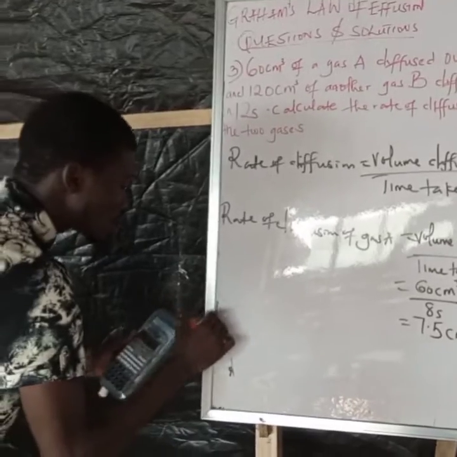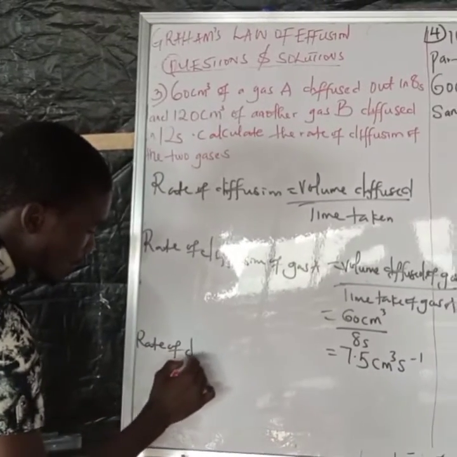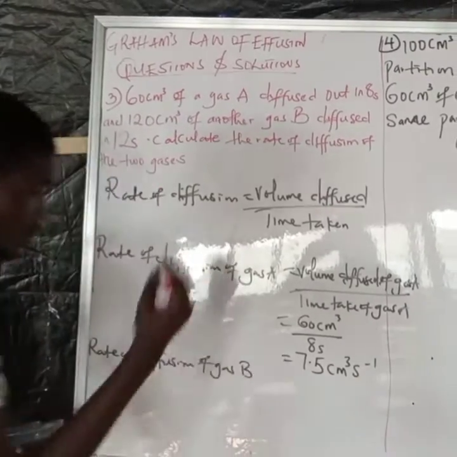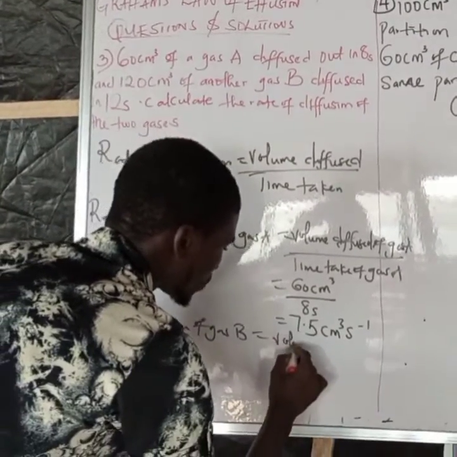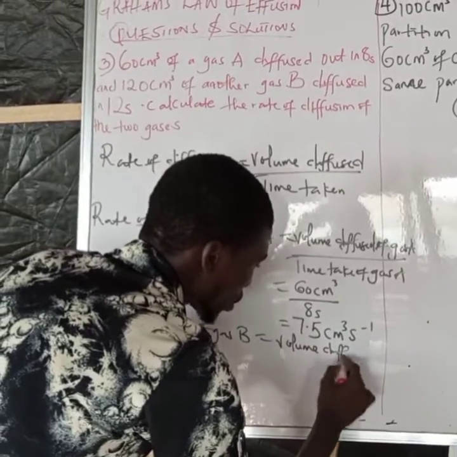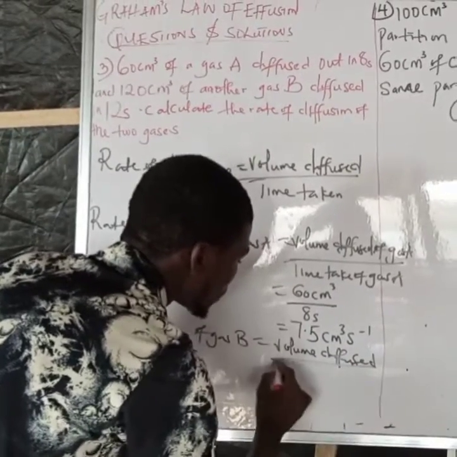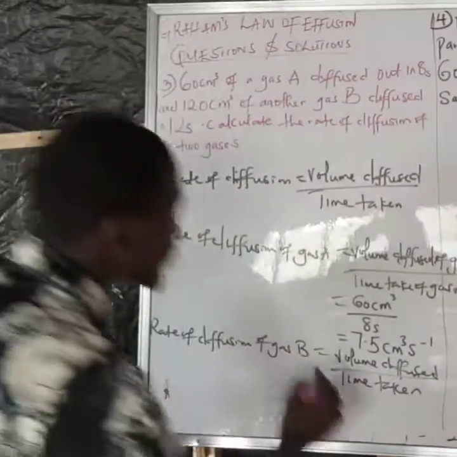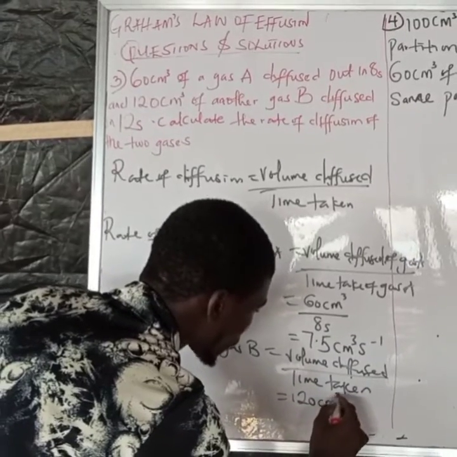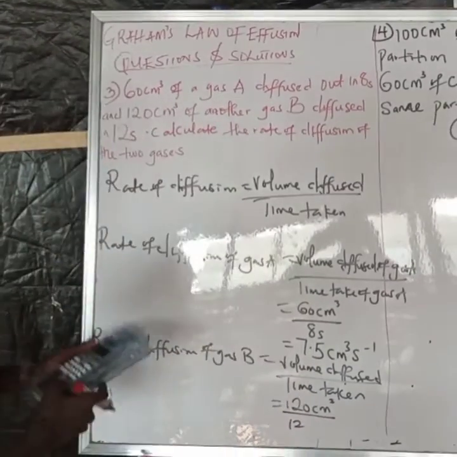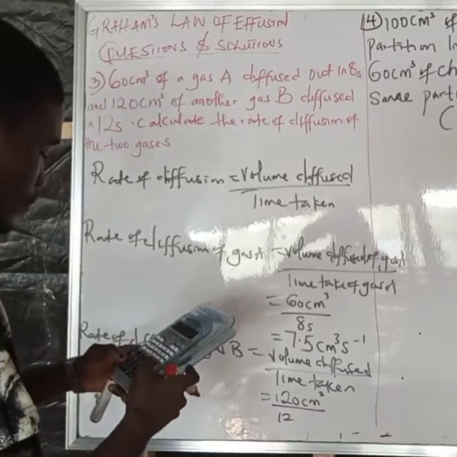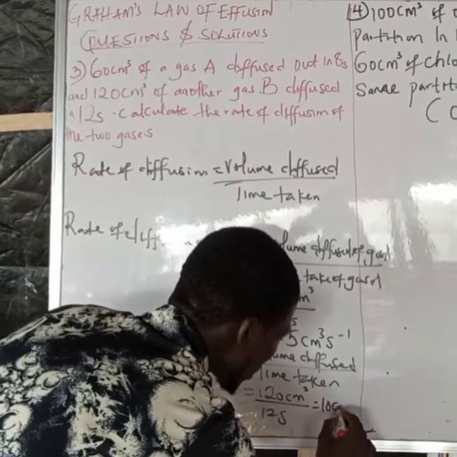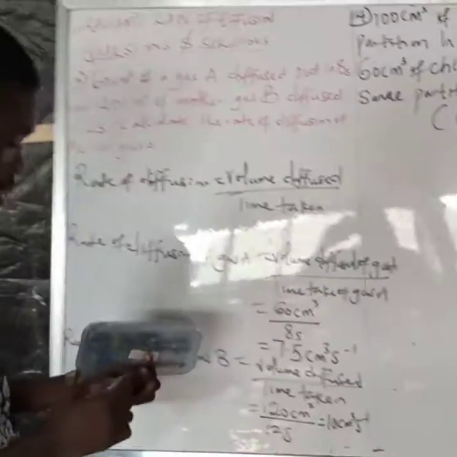The second one, rate of diffusion of gas B. The same thing, we have the volume diffused over time taken. So for our gas B, the volume we have 120 cm³ divided by 12. So we have 10 cm³ per second.